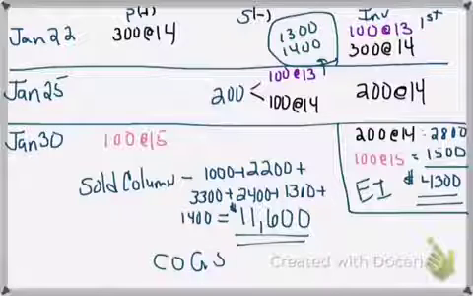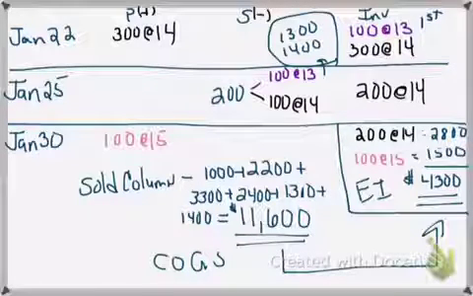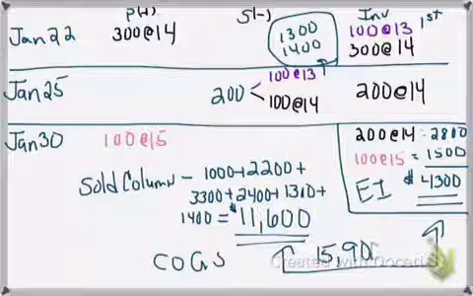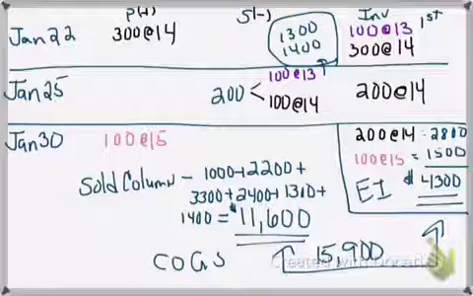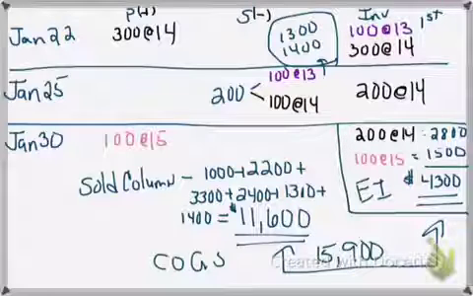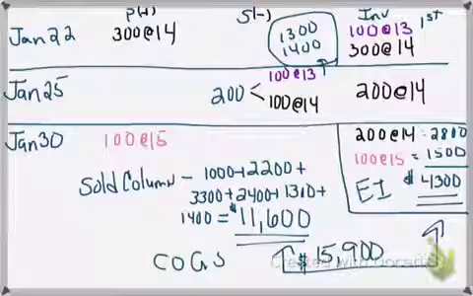Now you notice here, if I take and add these two numbers together, I get that $15,900, which was that total cost. If you remember back to the periodic one, we used pretty much the same numbers for both of these. What you'll find is that is going to be that total cost of $15,900.